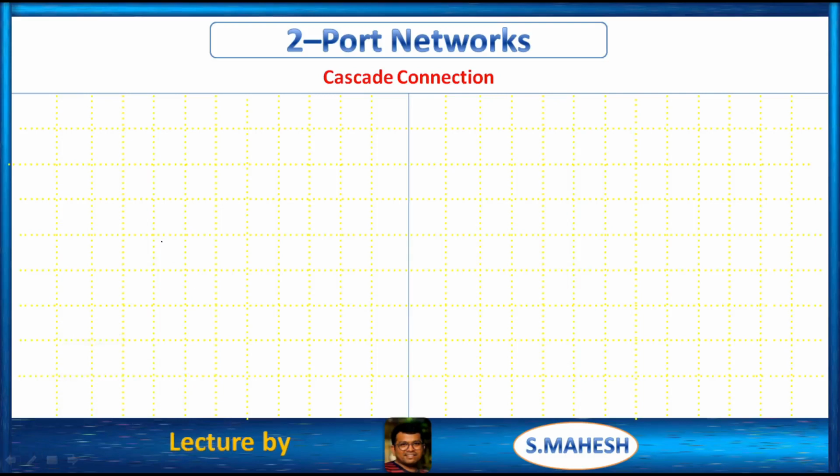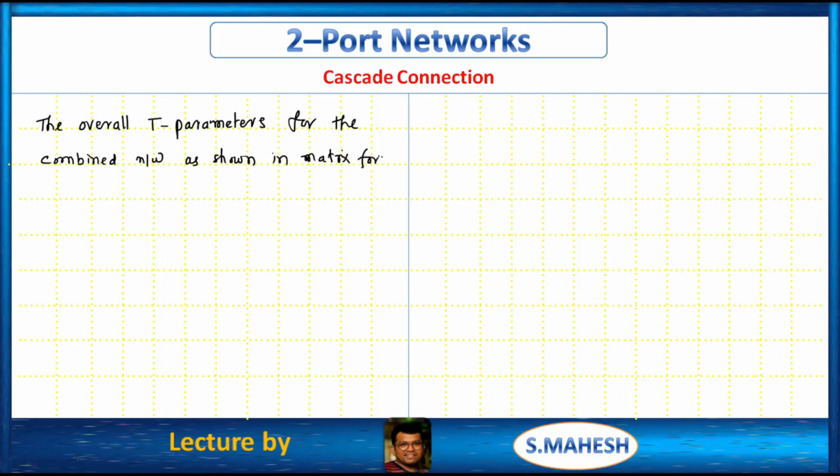So based upon this, the overall transmission parameters, T parameters, for the combined networks as shown in matrix form. What is the input?